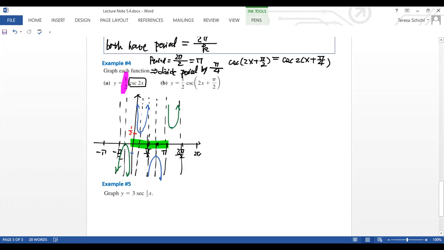Okay, so now let's write down what we have here. So what type of transformation? First I have a shift to the left, right? How much shift to the left? Pi over 4. I'm starting left. Okay, so then my period is going to be 2 pi over 2.